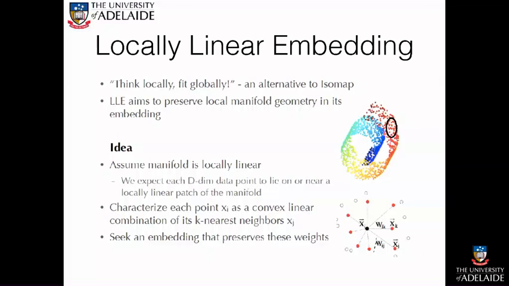The LLE tried to preserve the local manifold geometry in its embedding. Okay, so it's different from the IsoMap. Right, IsoMap is pretty much MDS.